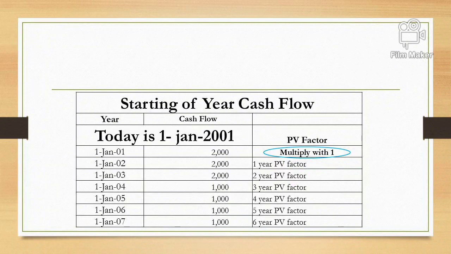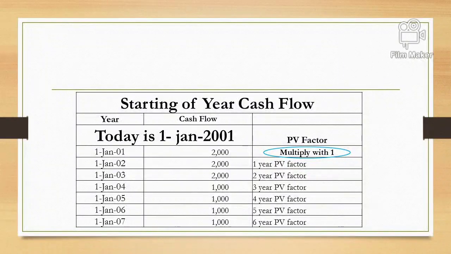I am giving the total amount of investment to the company, and the company gives me my first installment of income today itself. That is why, as you can see, the first 2,000 rupees we multiply with 1 only, because it is already present value.